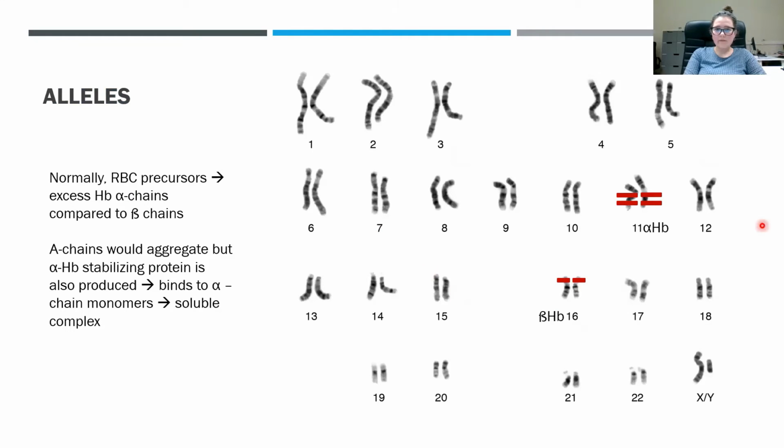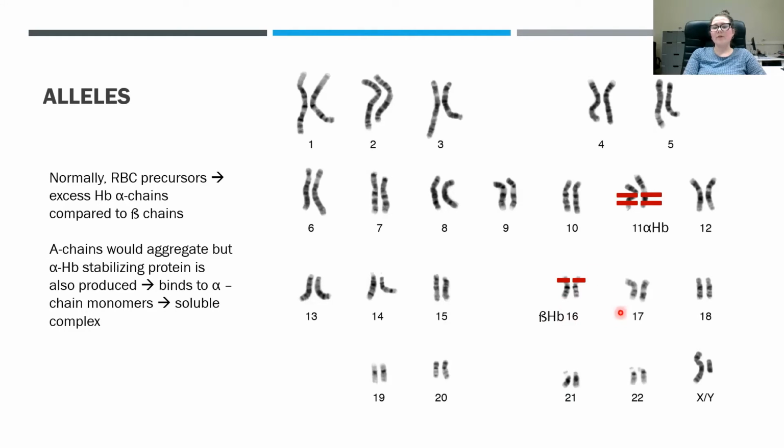And the interesting thing is that although hemoglobin is one protein, it has subunits that are expressed from different chromosomes. So alpha chains of hemoglobin are expressed from the 11th chromosome, whereas beta hemoglobin chains are expressed from the 16th chromosome.